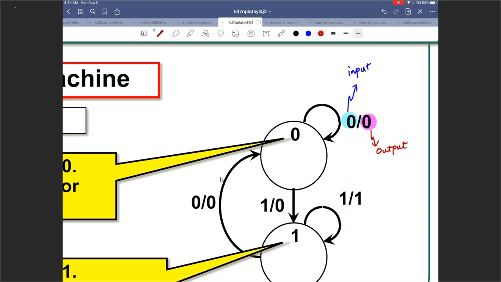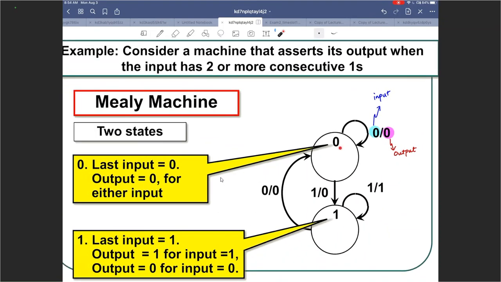So input that caused that transition, and the output became that. So if you are here 0, if you keep getting the input of 0, your output is 0 and you stay there. If you get a 1 as the input, your output is still 0, but you move to the new state.